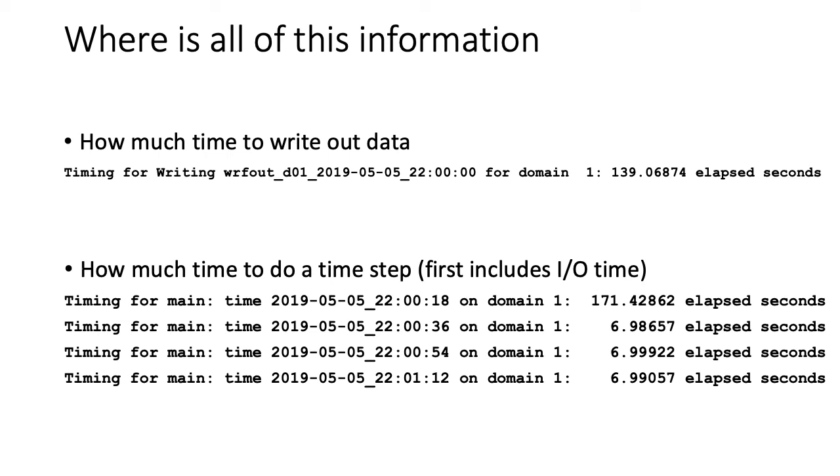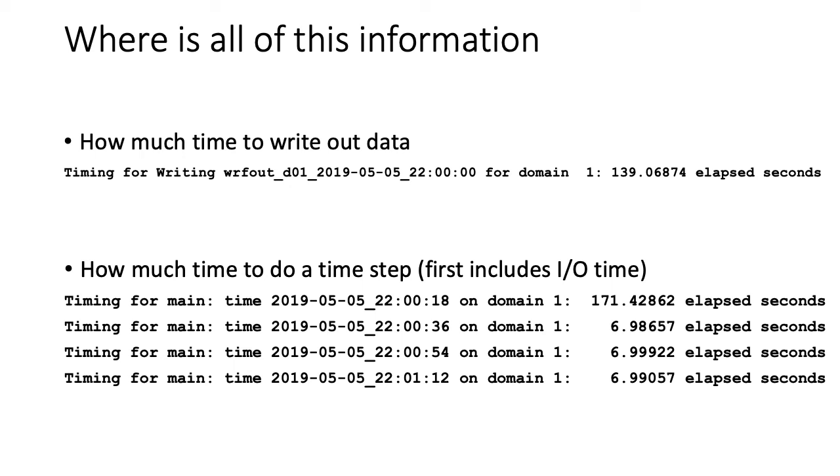In this particular case, the first line shows us, if I'm outputting some data, how many elapsed seconds it took to output this data file. The second set of lines show us how much time it took to do some computation. Usually the first line includes the I/O and some pre-processing that goes on.